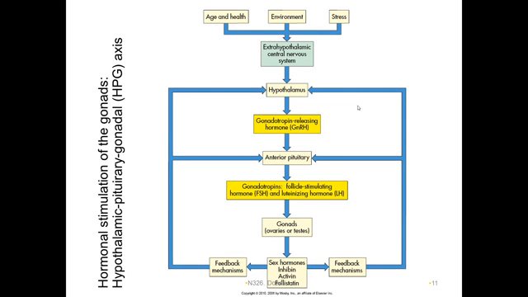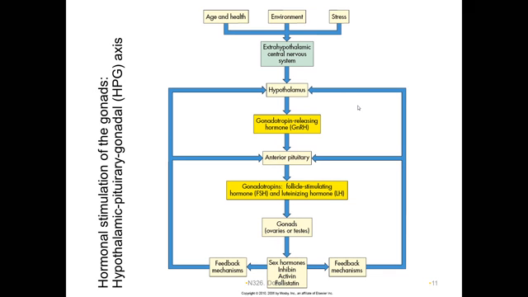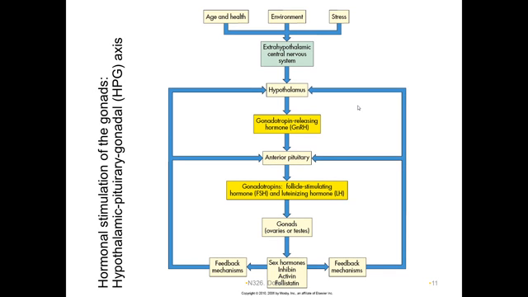A series of hormonal events promote sexual maturation as puberty is near. So about a year before puberty in girls, there is an increase in the frequency and amplitude of nocturnal pulses of gonadotropin secretion of LH and FSH, and also an increased response in the pituitary to GnRH.